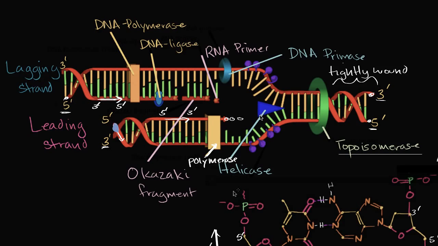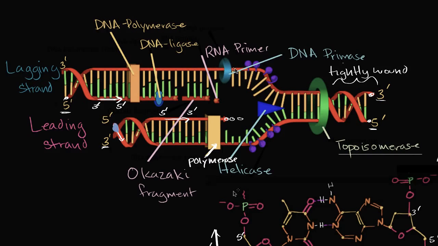And so how does biology handle this? Well, it handles this by adding primers right as this opening happens. This diagram shows a primer as just one nucleotide, but a primer is typically several nucleotides, roughly 10. So it'll add roughly 10 RNA nucleotides right over here, and that's done by the DNA primase.